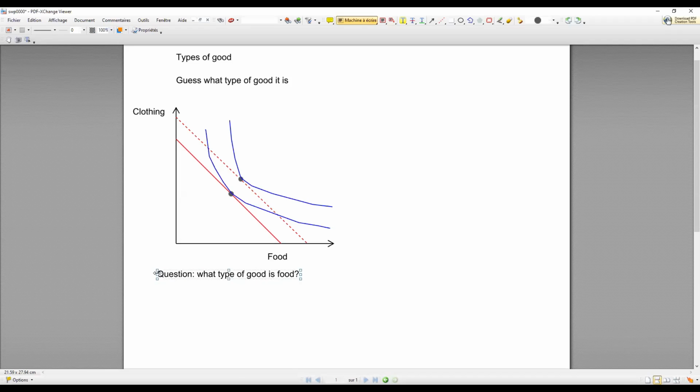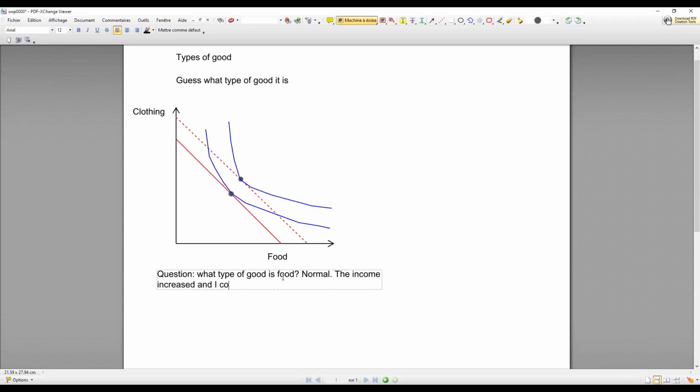What happened? Can somebody make up a story about what happened there? I think it's a normal good because with the budget lines, when my income goes up, I buy more. Yes, exactly. So the budget, the income increased.